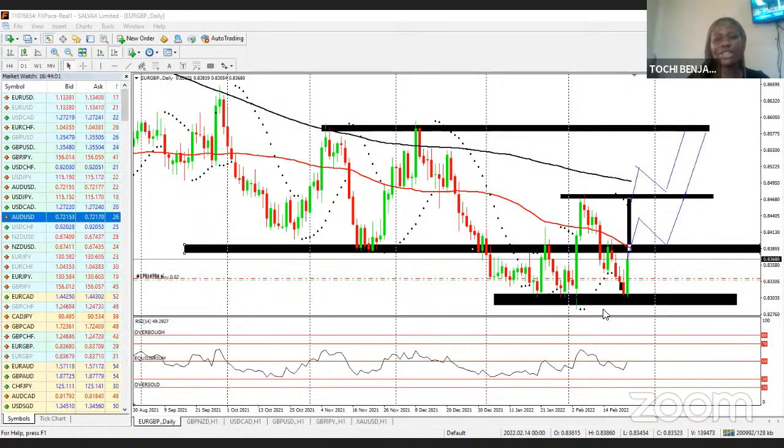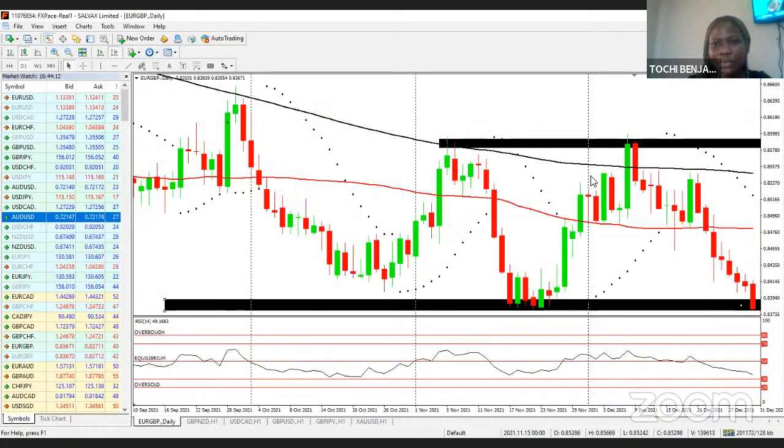So you use the range, just like we've marked out here. We've marked out this level for a sell. Let's assume we want to sell here.